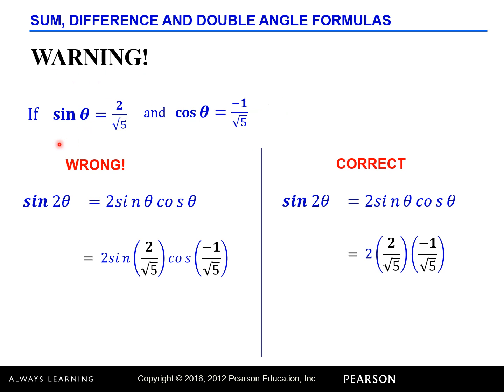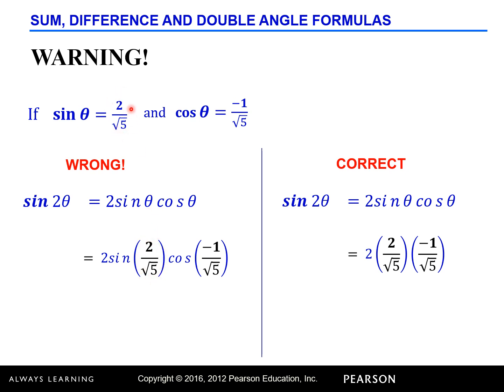As a reminder, if sine theta is equal to 2 over square root of 5 and cosine theta is equal to negative 1 over square root of 5, and we're finding sine 2 alpha, which is equal to this, never substitute 2 over square root of 5 in the angle theta, because theta is not equal to 2 over square root of 5.